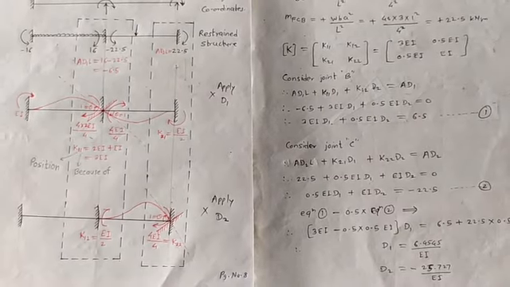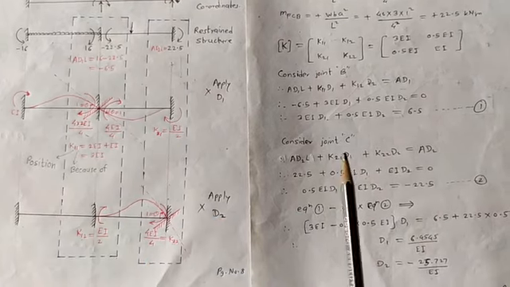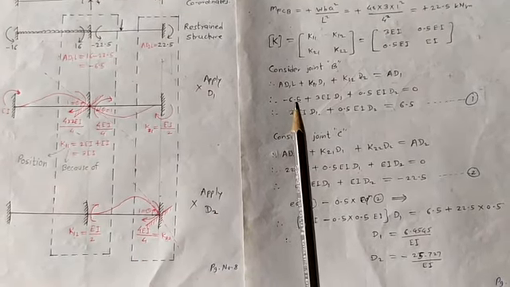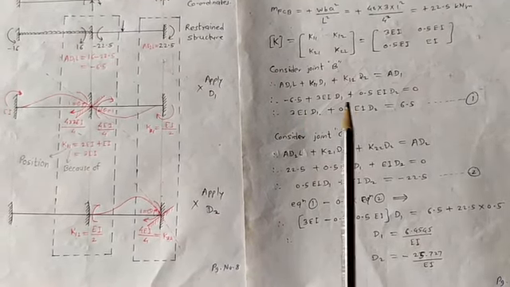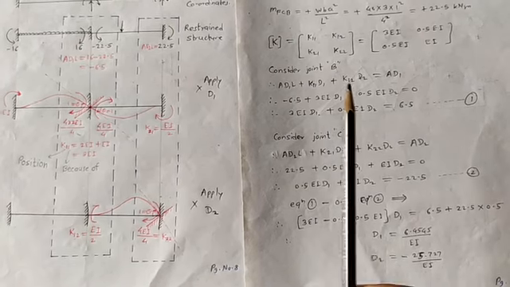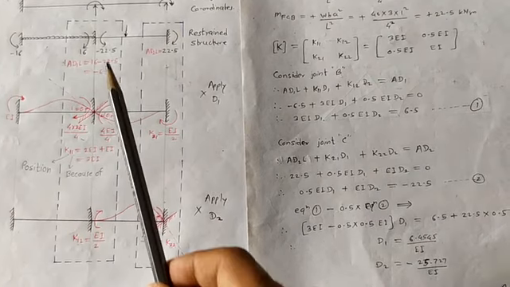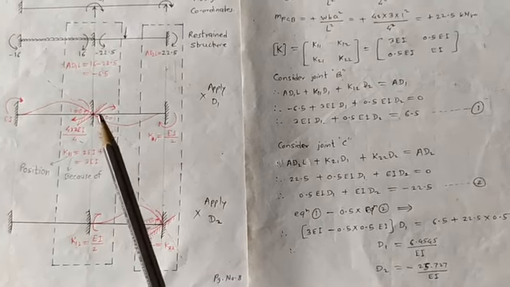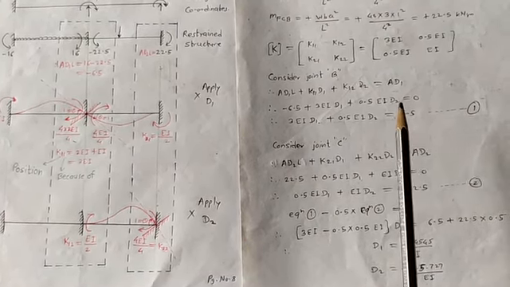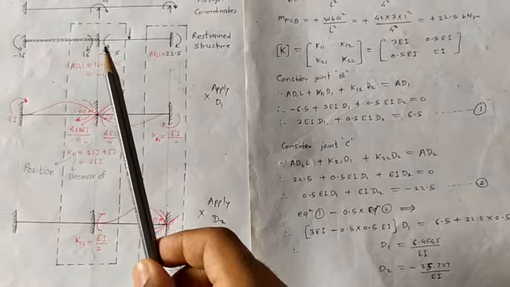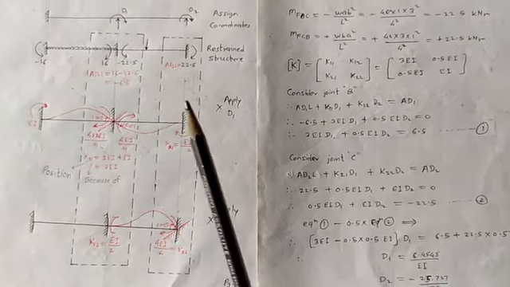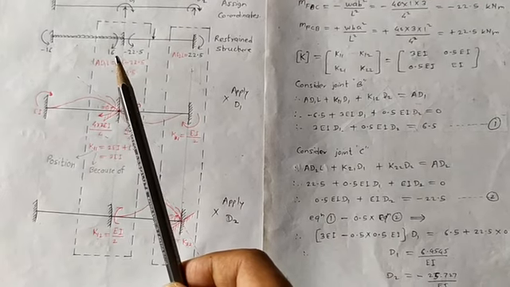Remember, here I want to get the first equation, which is related to theta b. Whatever moment is acting at joint b, writing that out means we are going to write this equation. So come to joint b. At joint b the applied moment is 16 and minus 22.5.